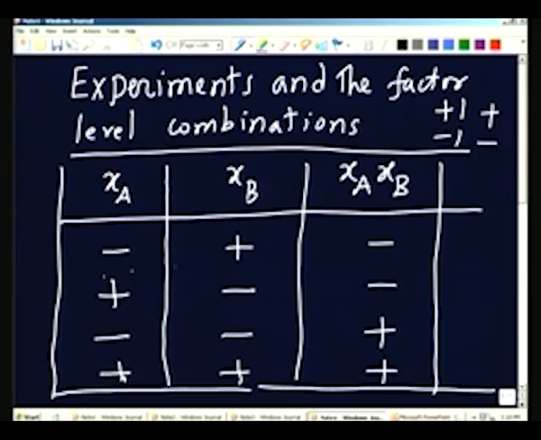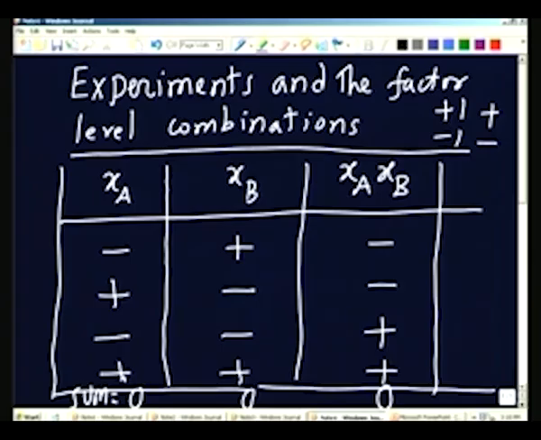I am going to just multiply the components and put it here. You see that if I add this column, it is going to give you 0. So, sum equal to 0 for this column. In fact, it is also 0 here and it is also 0 here. So, the property of this particular matrix is that the column sums are all equal to 0.